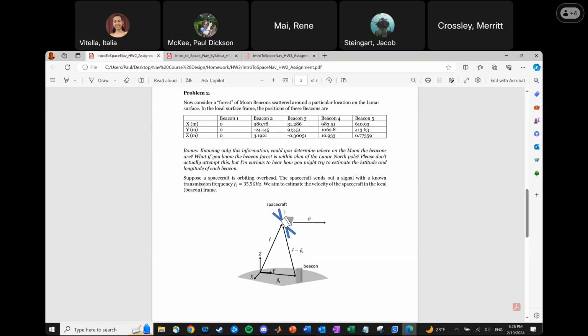But if you think about the geometry of the problem, what you're essentially doing is you have some beacons that are all grouped pretty tightly together on the moon. They're a series of observers, and they're all measuring the spacecraft velocity. But the spacecraft is pretty far overhead, and its velocity is mostly perpendicular to all of the beacons.